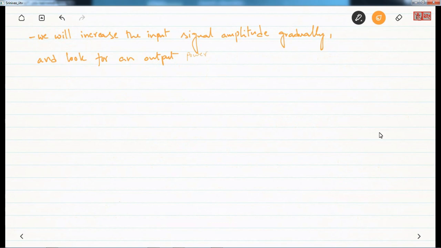And look for an output power of 50 milliwatt.